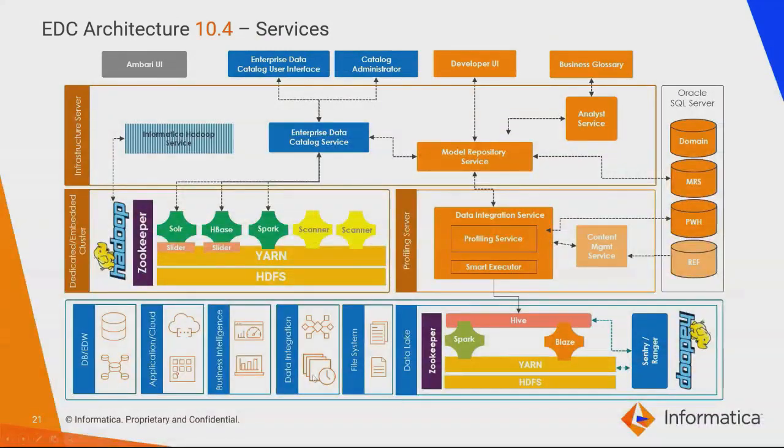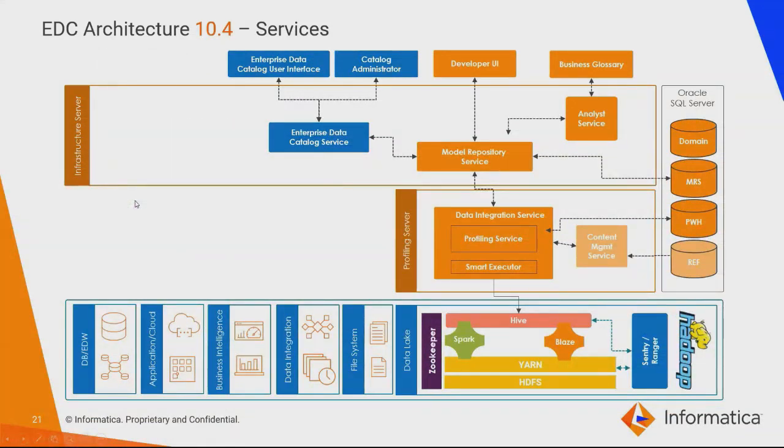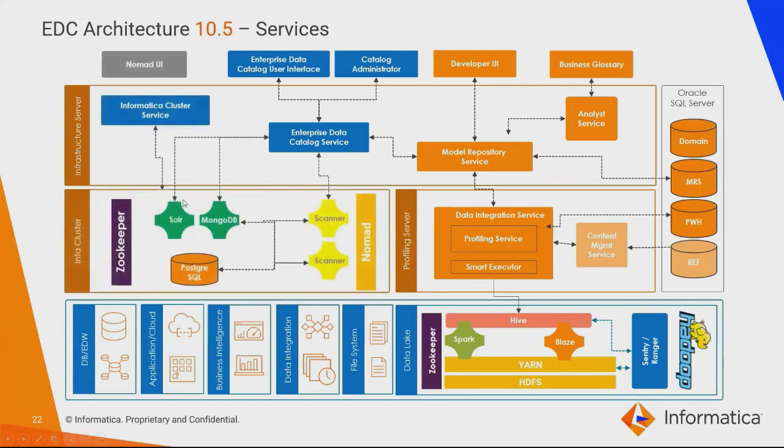Here is an example that shows various sources coming from databases, applications, and also data lakes if you are using Hadoop data lakes. So the main change is happening, as mentioned, on this embedded cluster. In 10.5, this cluster is removed, and we are replacing it with the new architecture, including MongoDB and Nomad and the related services.